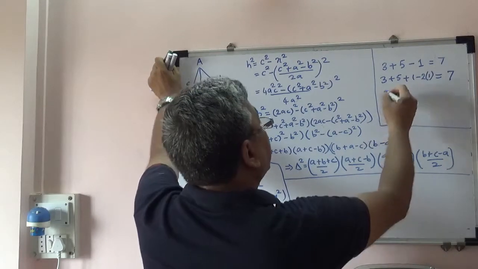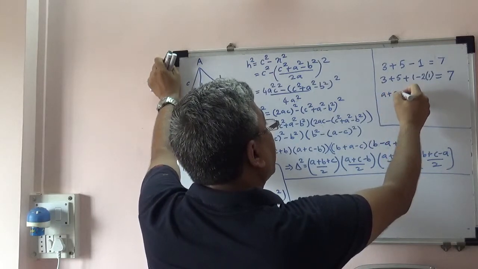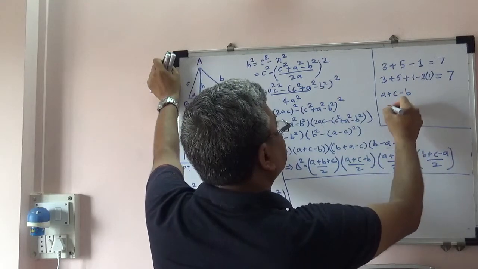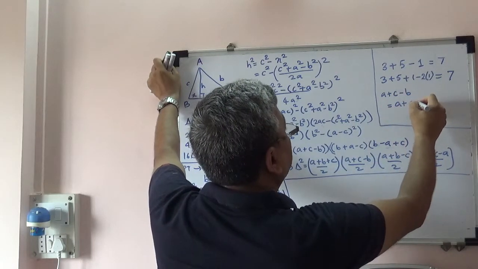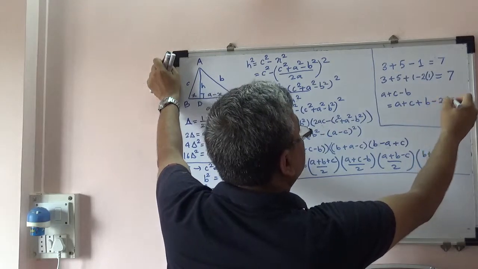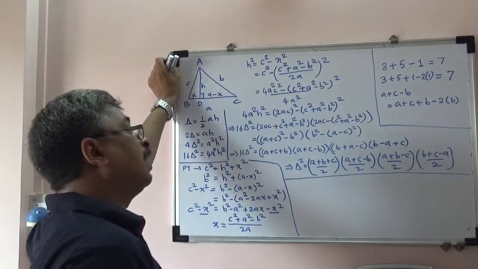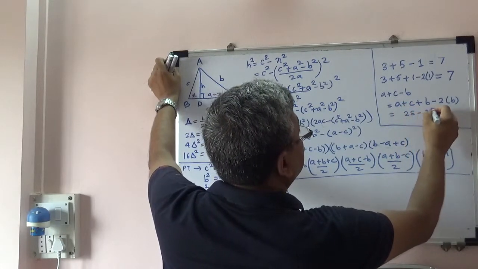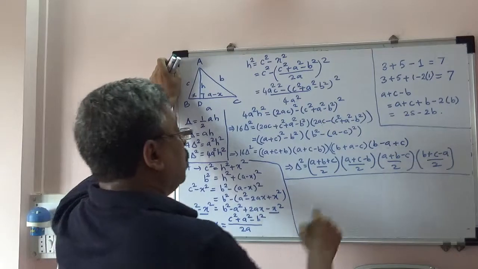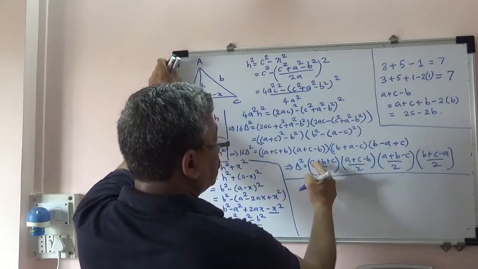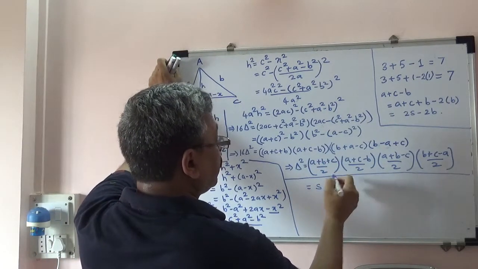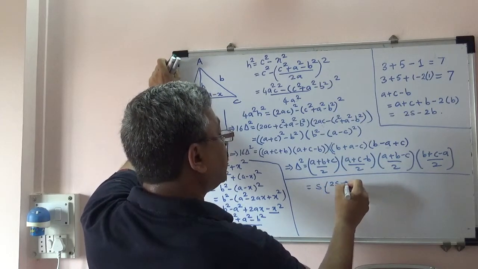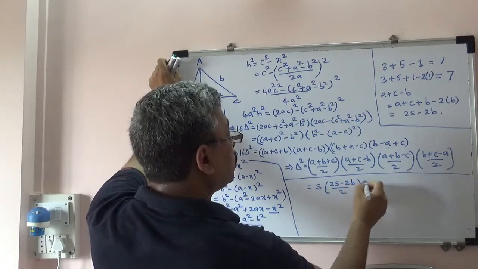Now here a plus c minus b, the term is present which I don't like, which is equal to a plus c plus b minus 2 times b. Is that okay? And here a plus c plus b I can write as 2s minus 2b. So we know this bracket is semi-perimeter. We know the second bracket as 2 times s minus 2 times b upon 2.